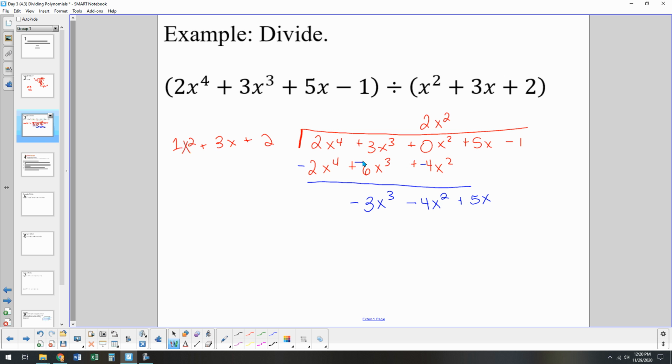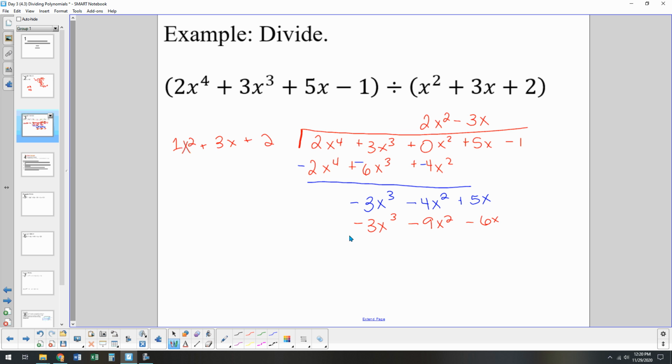So now I'm looking at, what do I have to multiply x squared by to get negative 3x to the 3rd? So 1 times negative 3 is going to give me negative 3, and x squared times x is going to give me the x cubed. So now we're going to take negative 3x and multiply it by everything there. So we get negative 3x cubed, negative 9x squared and negative 6x.